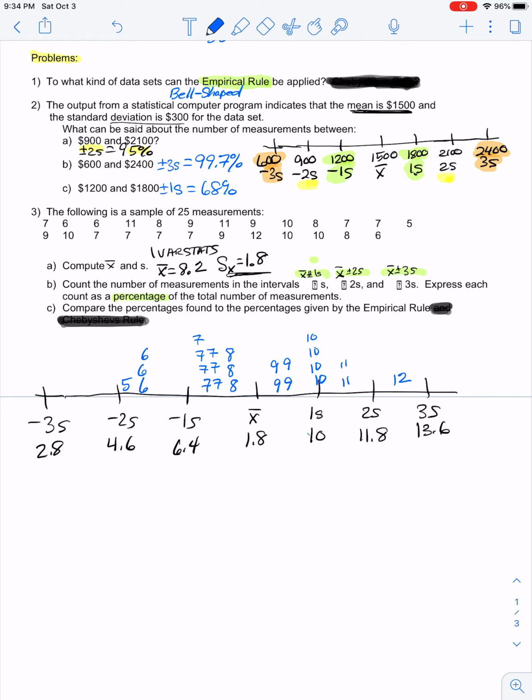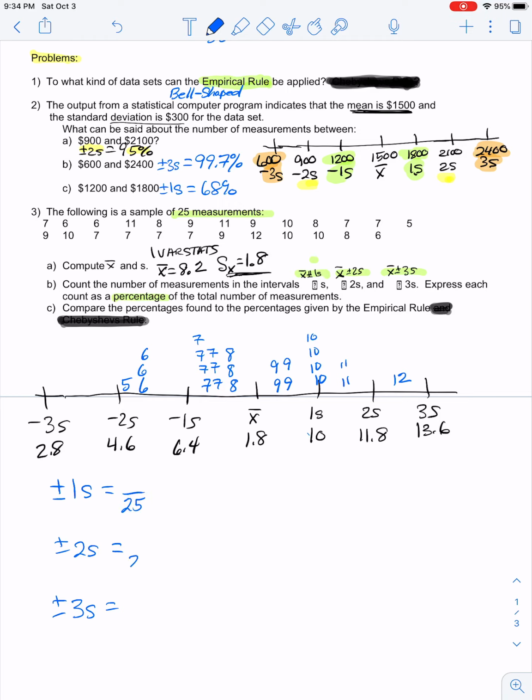Okay, so we need to respond to what is the percentage of values within 1 deviation of the mean, within 2 deviations of the mean, and finally within 3. With this data set, they told us there are 25 measurements, so we should have 25 data points accounted for.